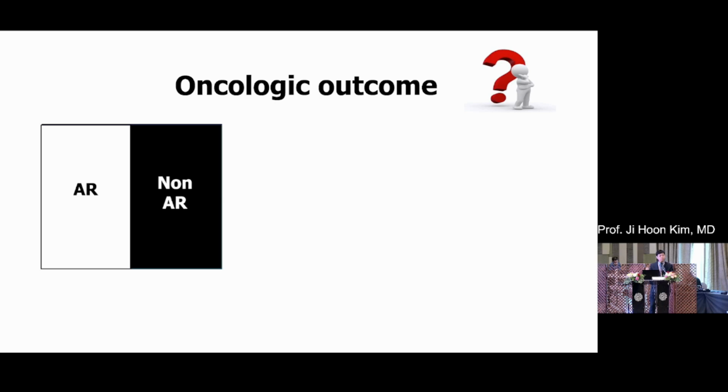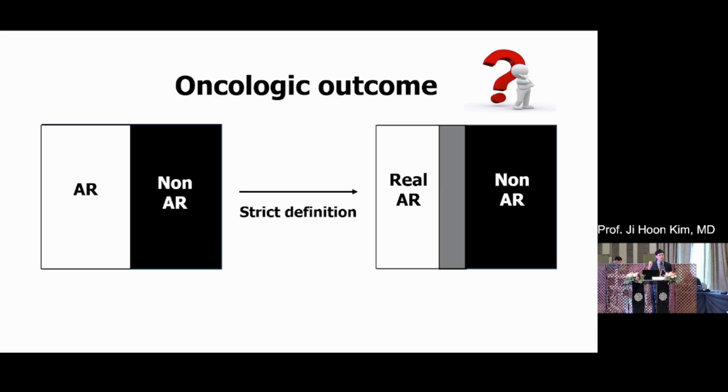Another important point is that the oncologic outcome between anatomic resection versus non-anatomic resection is questionable, because in the so-called anatomic resection group, non-anatomic resection is included. Based on a strict definition, real anatomic resection is a very small portion; the gray portion is large.